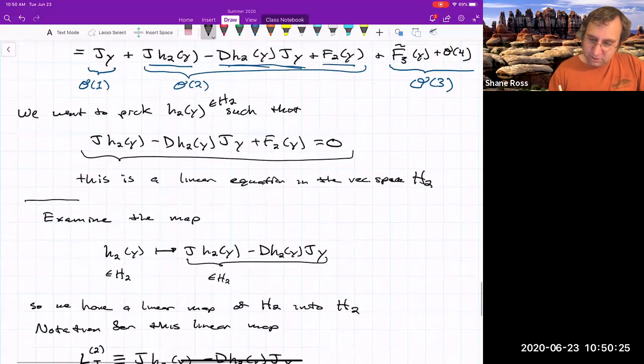So we're using this notation so we could rewrite this simplification equation.